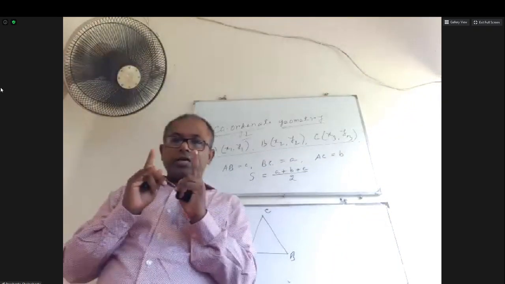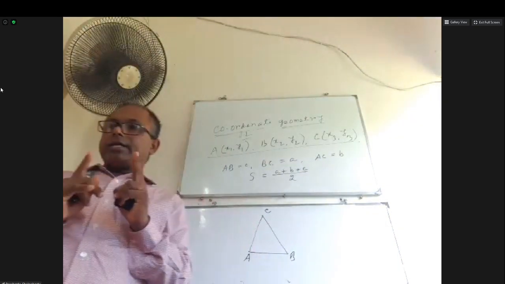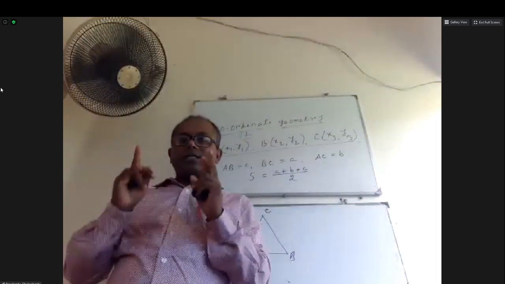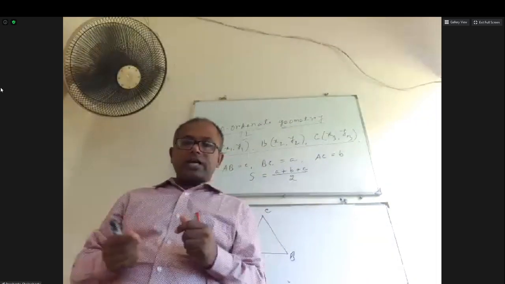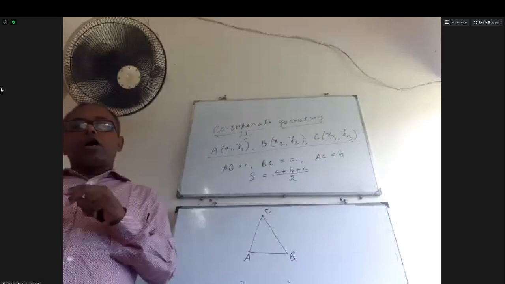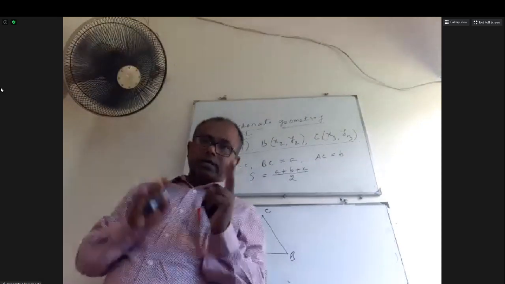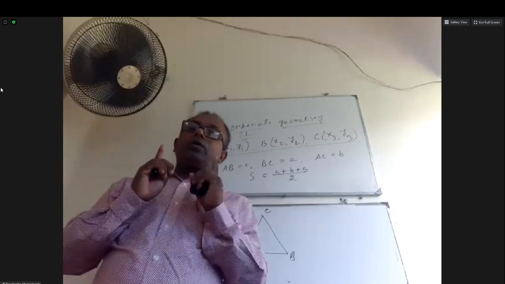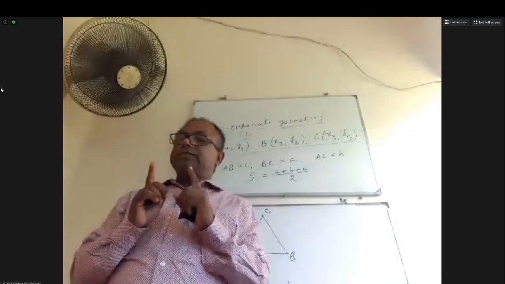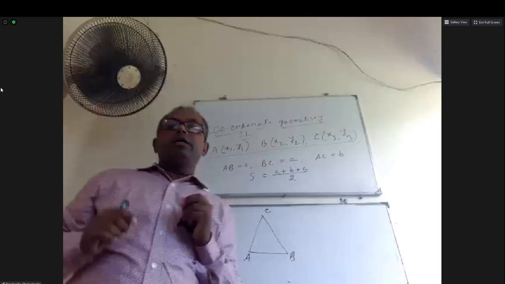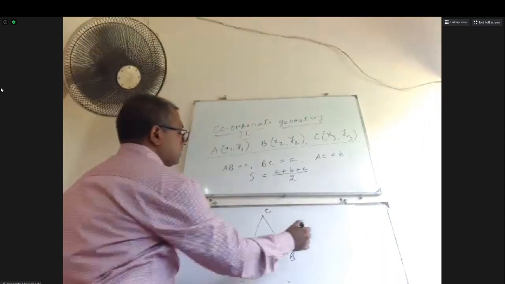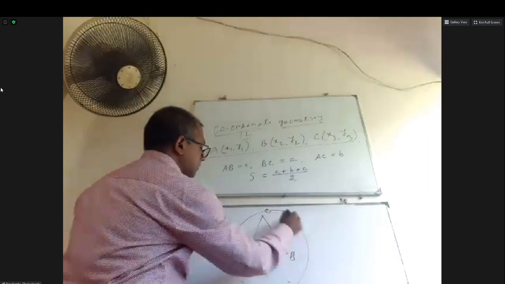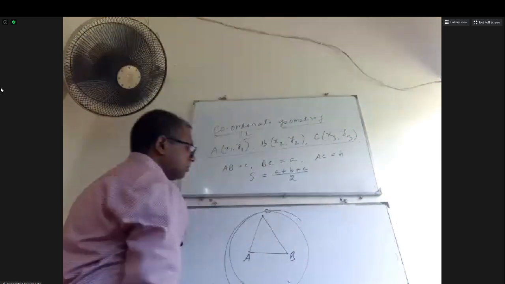Remember, dear students, when you want to find the area of a triangular region or quadrilateral region or pentagonal region and so on, you are to take the points in the anti-clockwise direction.